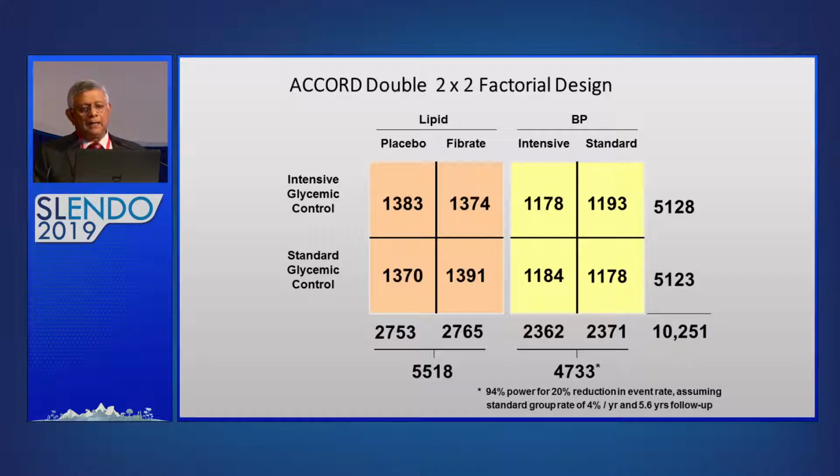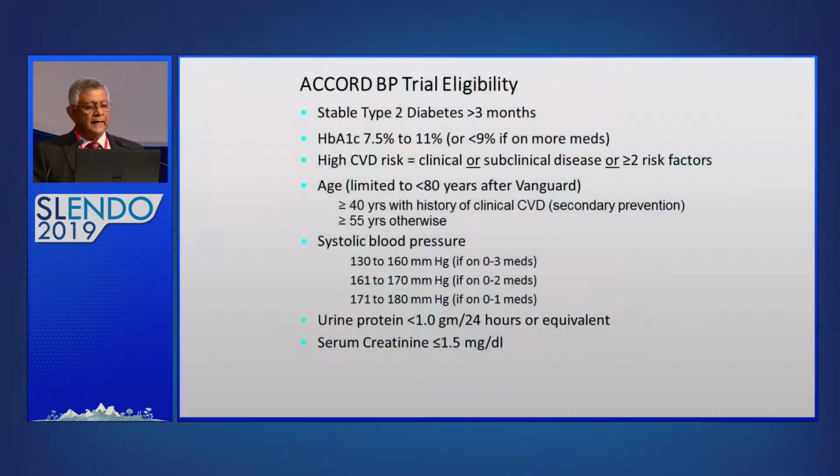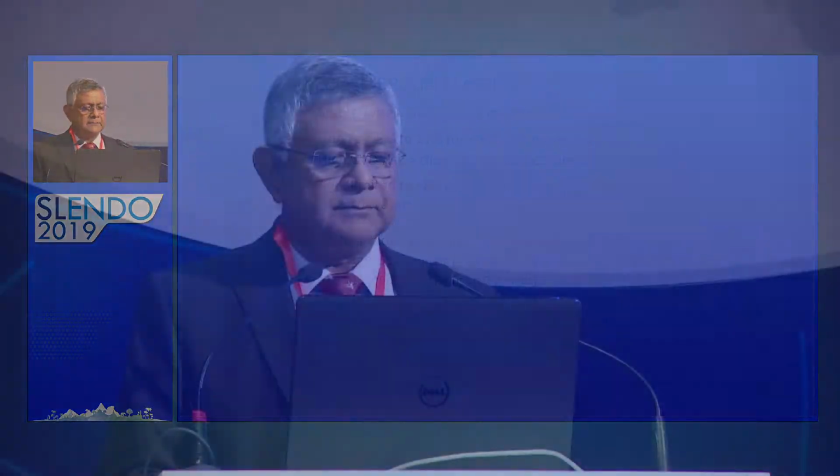There were two arms: intensive blood pressure control and standard control. You can see all the patients were diabetic, and they were at somewhat higher risk because their diabetes was not well controlled; the HbA1c was 7.5 to 11. Most of them were older than 55, most grades of blood pressure were included, and their renal function was reasonably okay.